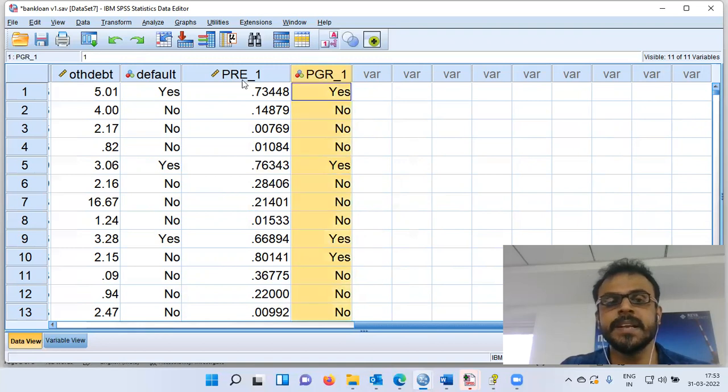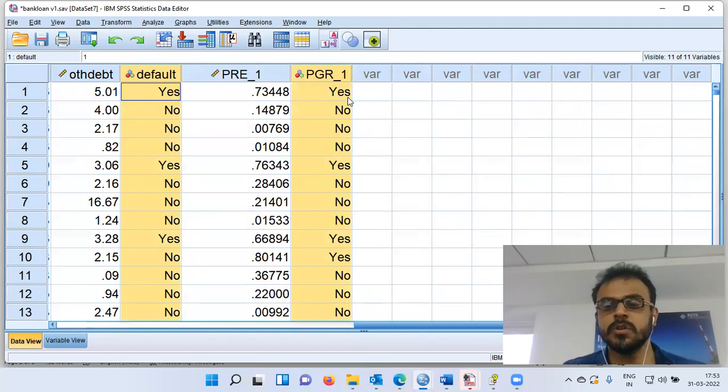So this is the predicted category, and this is the actual category. So actual versus predicted. Let's examine the first person. Actual category is yes. Predicted category is yes. So when the actual matches the predicted category, we can go ahead and say that this is the correct classification.